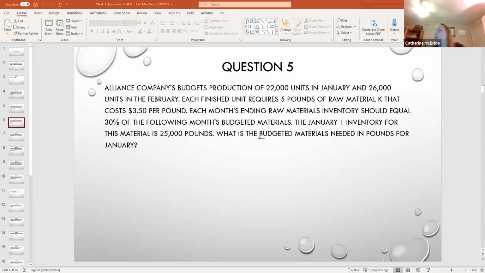So we're looking for the budgeted materials needed in pounds for January. All right, Alliance's company's budgets production of 22,000 units in January, and 26,000 in February.